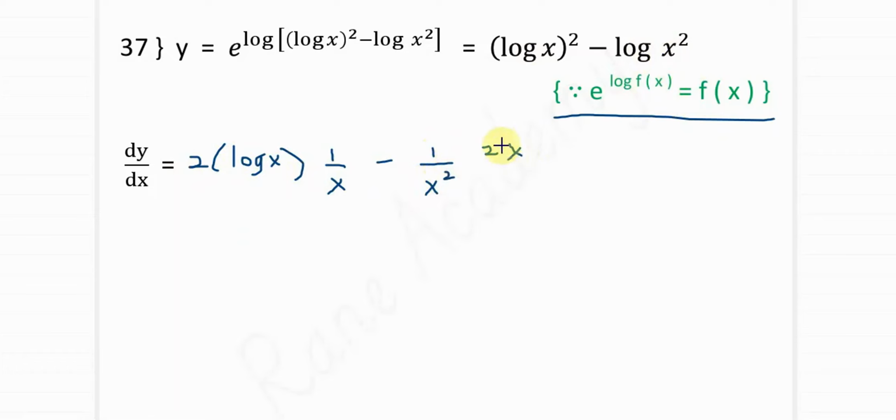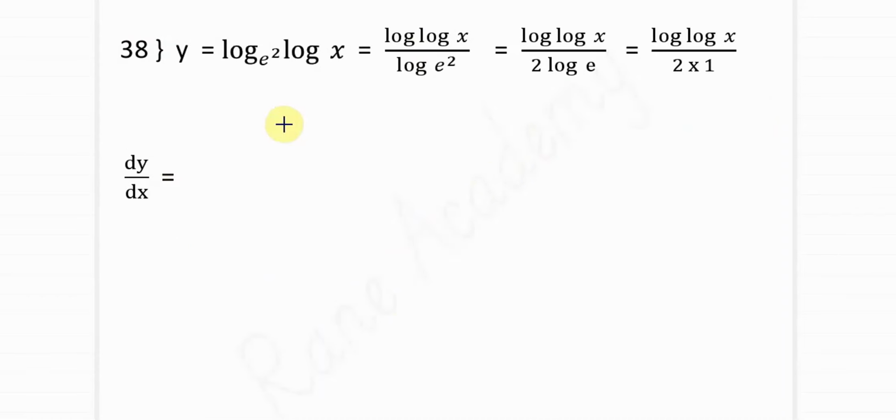So you can cancel x and x, and hence you get the required answer as 2 log x upon x minus 2 by x.